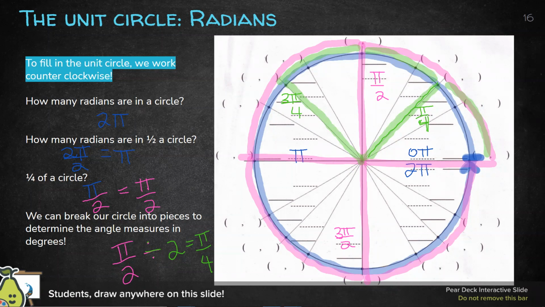Continuing on, I add on another pi over 4. That gives me 4 pi over 4, which reduces to pi. Then I end up with 5 pi over 4. Continuing, I end up with 6 pi over 4, which is 3 pi over 2. 7 pi over 4.